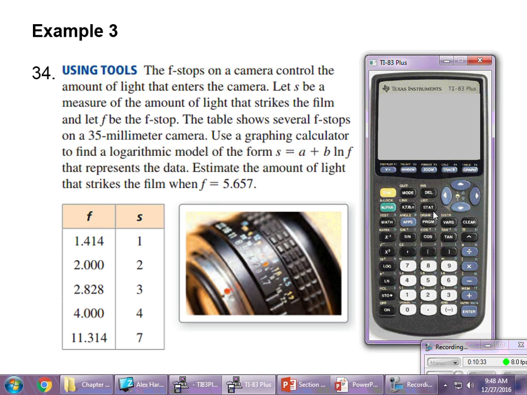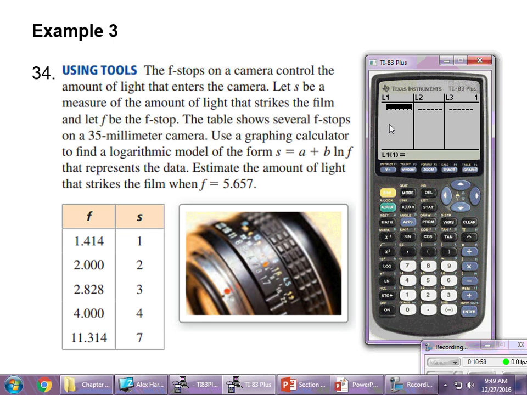All right, let's bring up our calculator, clear out what we have, and enter in that information. So I'm going to edit my lists again. And if you hit the up arrow key, so it has L1 selected, you can hit clear and then enter, and it will clear out the entire list. Often that's a lot faster, and it's nice to know that we've cleared out everything. There's no lingering values from our other examples.